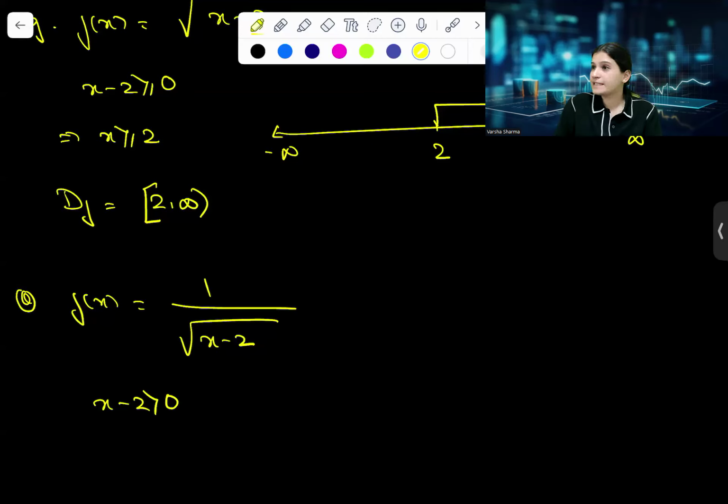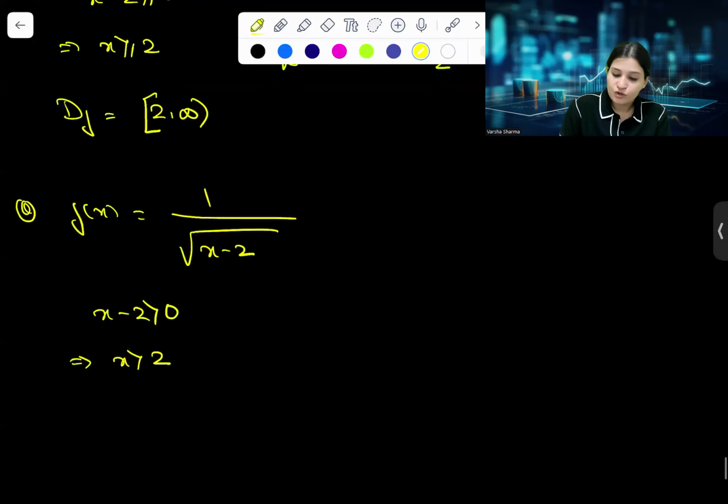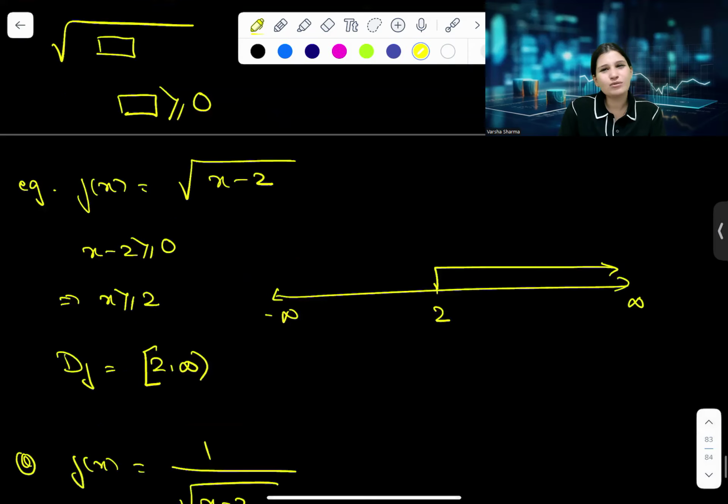Ma'am, is it understood? Yes, ma'am. This means x should be more than 2. So my domain will be... Ma'am, why will I write R minus 1?